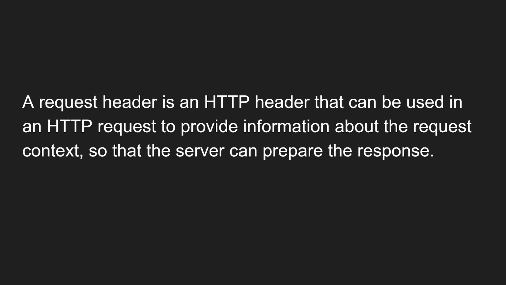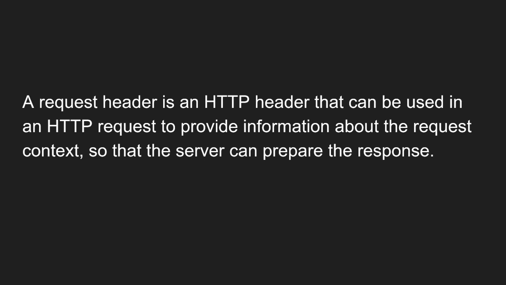Now we are trying to learn about the request header. It is an HTTP header that can be used in an HTTP request to provide information about the request context, so that the server can prepare the response according to that request.